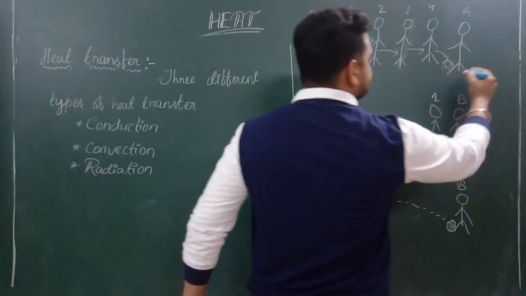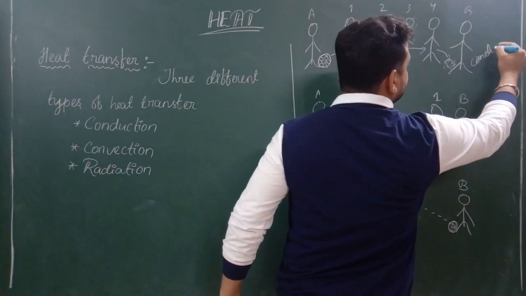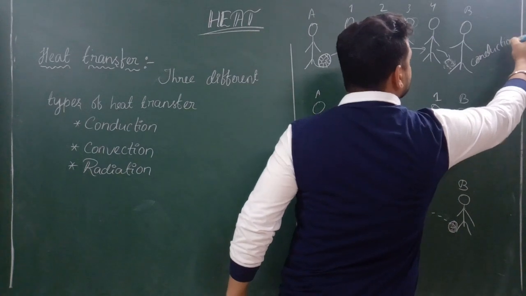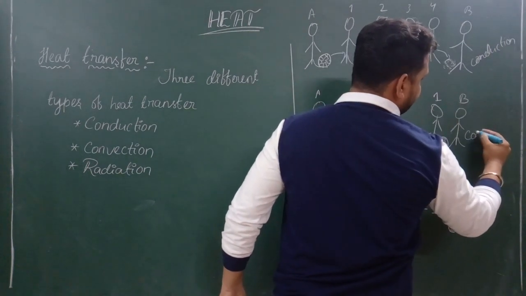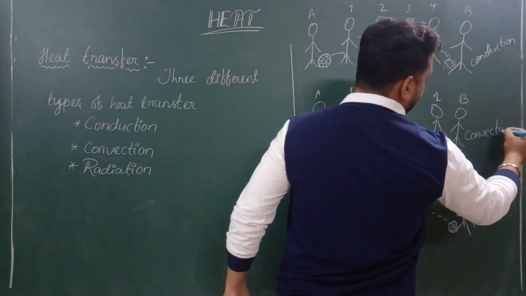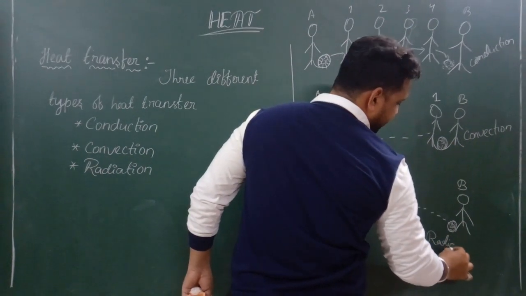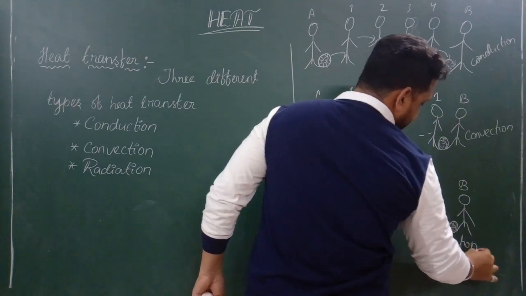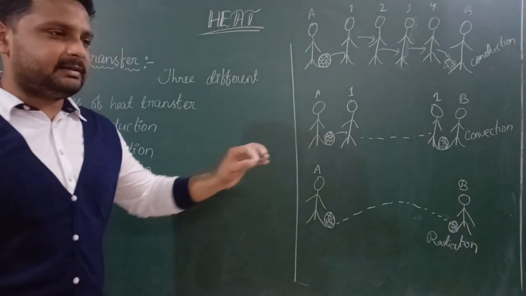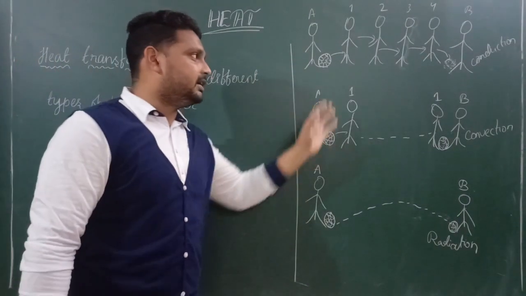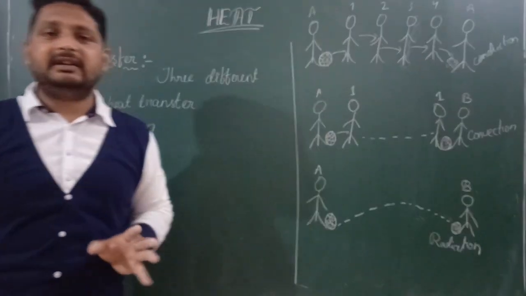The first case is conduction. The second case is convection. And the third is radiation, without taking the help of anything. So this is, in simple terms, what conduction, convection and radiation are.